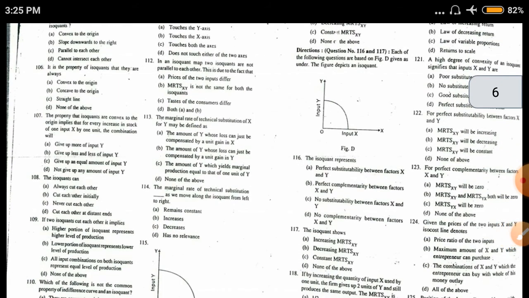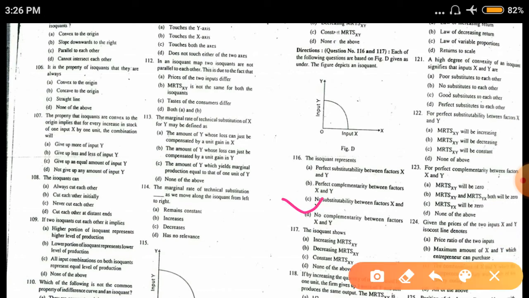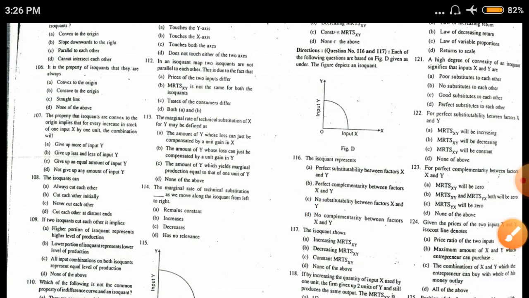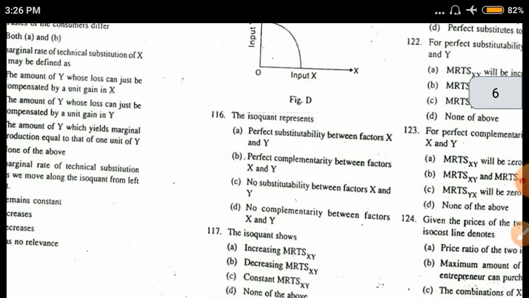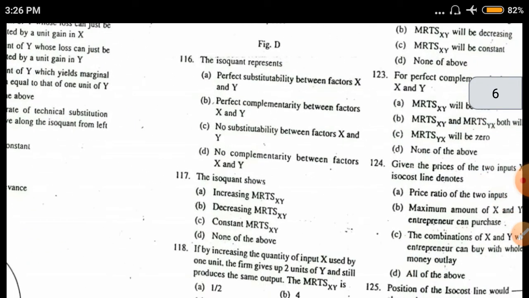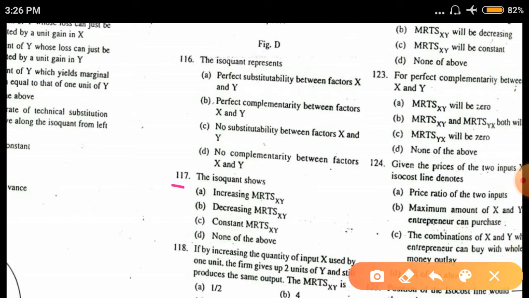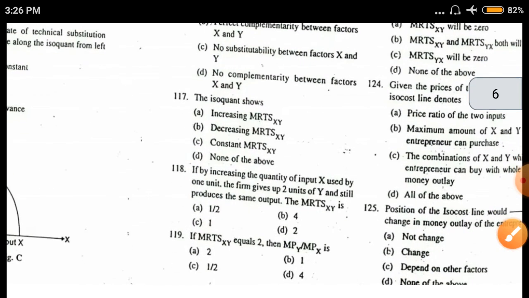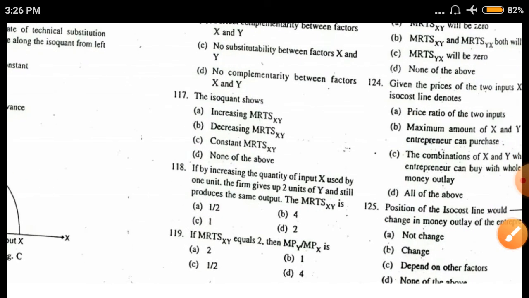The above isoquants represent no complementarity between factors X and Y. Question number 117. The isoquant shows increasing MRTS. Option A.